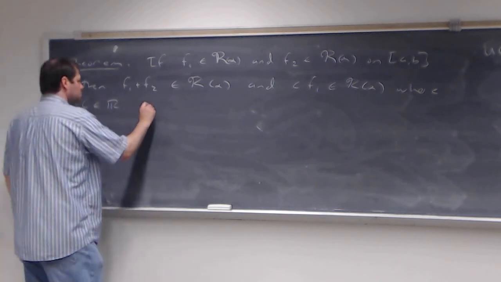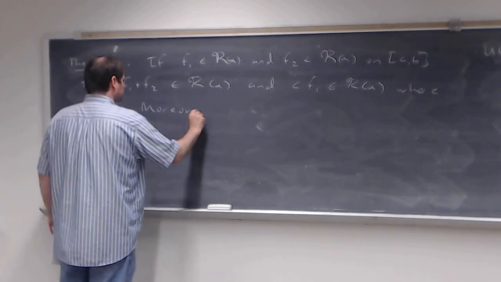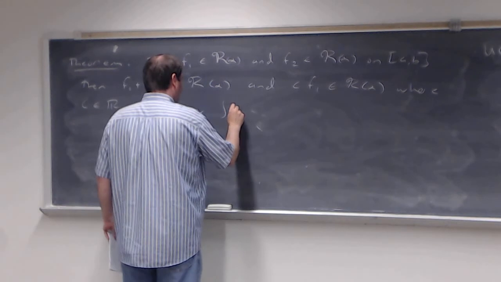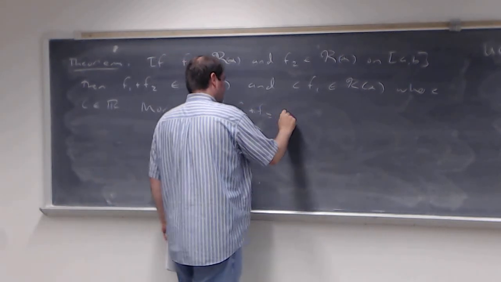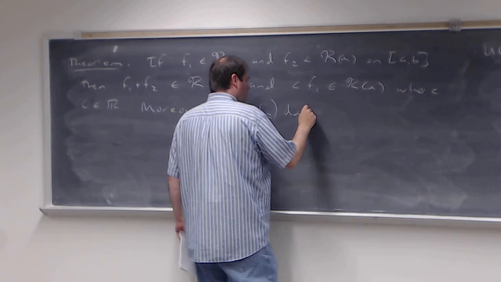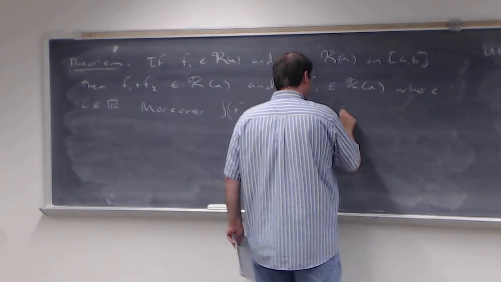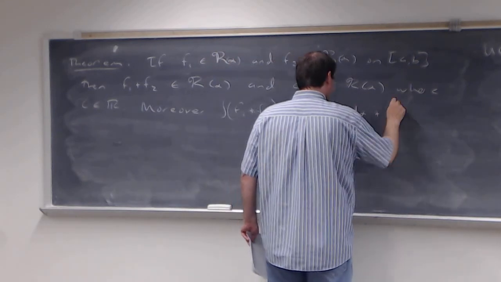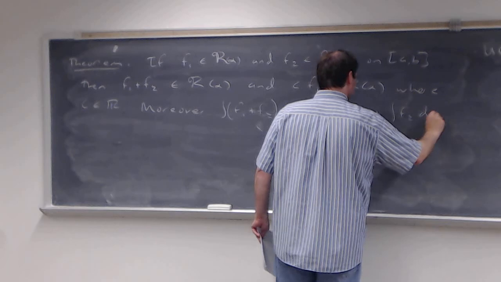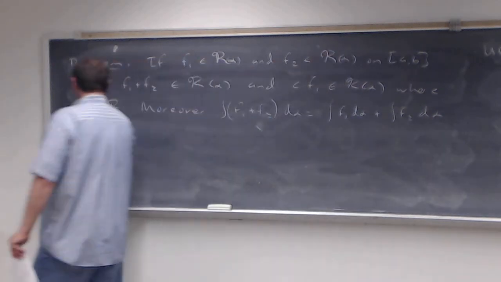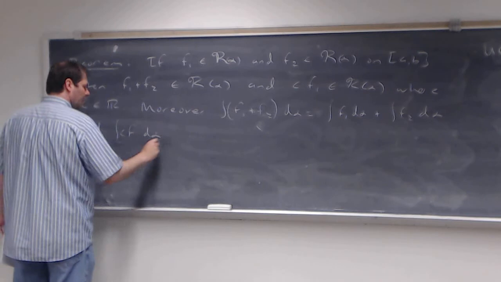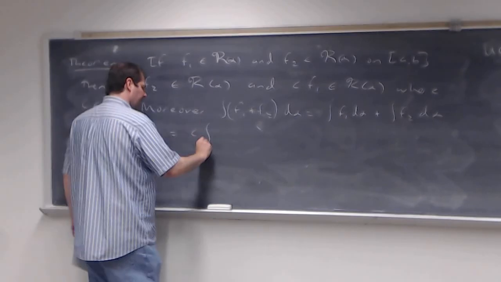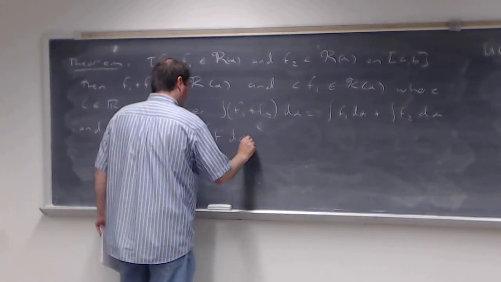Moreover, the integral of f sub 1 plus f sub 2 d alpha will be equal to the integral of f sub 1 d alpha plus the integral of f sub 2 d alpha. And the integral of c f d alpha will be equal to c times the integral of f d alpha.